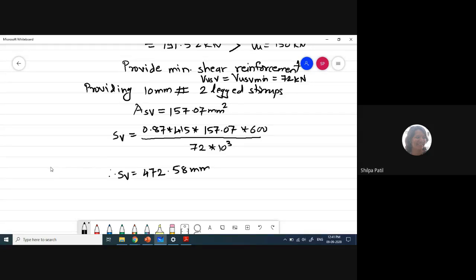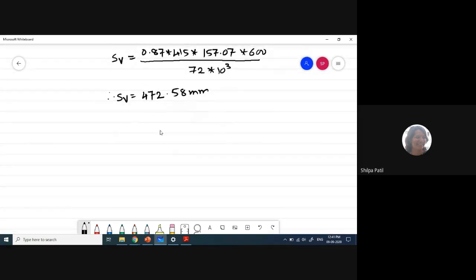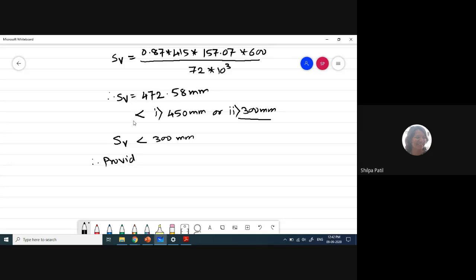Now again compare this value with the conditions. SV should be less than 0.75 D, that value we calculated as 450 mm, or second is 300 mm, whichever is less. So we have selected this. SV should be less than 300 mm, and our calculated value is coming as 472. So provide SV equal to 300 mm.